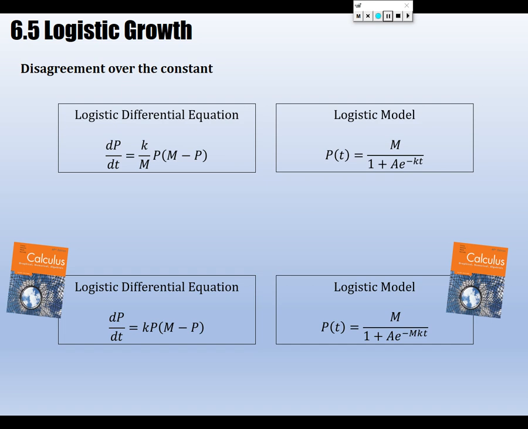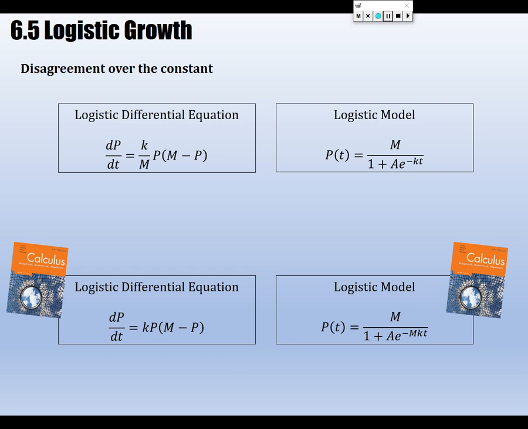The only disagreement is whether this thing out front we consider to be k over m, or just k, and the rest of the differential equation is the same. Either one will work for you in the end. I just don't want you to be confused if you look it up in the book, because they're making a slightly different assumption about the model. It's not a huge deal.